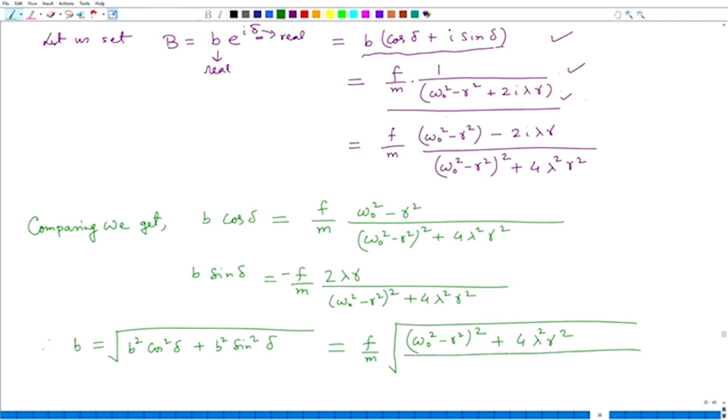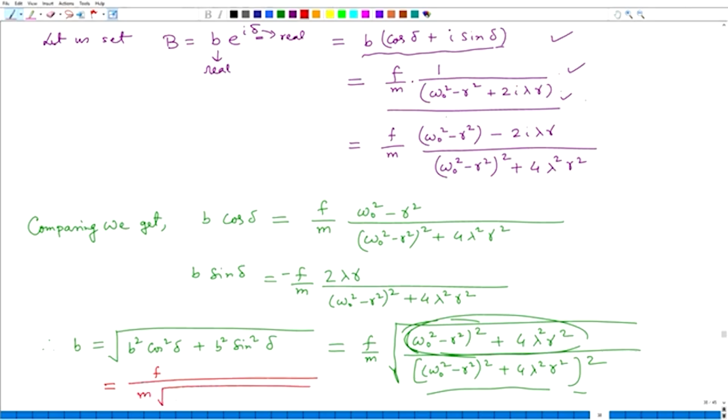So now one factor of this whole thing will go away, and finally there will be a root. So the final expression for B will be equal to F by m divided by root of omega 0 square minus gamma square whole square plus 4 lambda square gamma square.